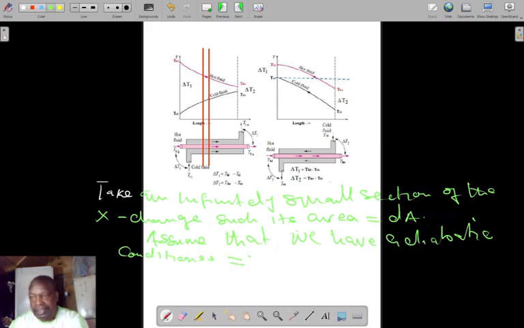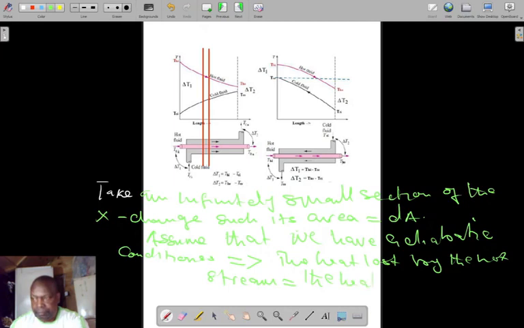Which implies that the heat lost by the hot stream is exactly equal to the heat gained by the cold stream.